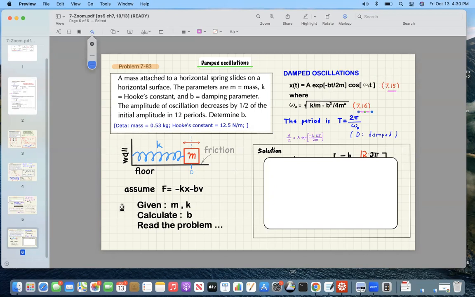Here's the picture. I should have shown the picture first. A mass is attached to a spring sliding on a horizontal surface and decaying. For example, there would be some friction here with the floor.